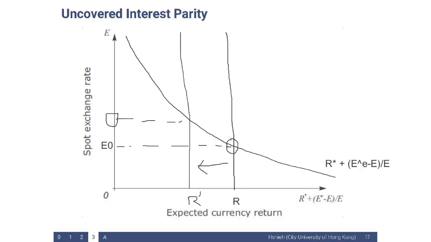And therefore, the UIP curve, which I will just represent as this equation here, R star plus E hat E minus E over E. So given R and R star, given our expectations are anchored and fixed for now, we can identify the market clearing spot rate, which is the intersection of these two curves. And that intersection will lead us to the so-called equilibrium spot exchange rate.